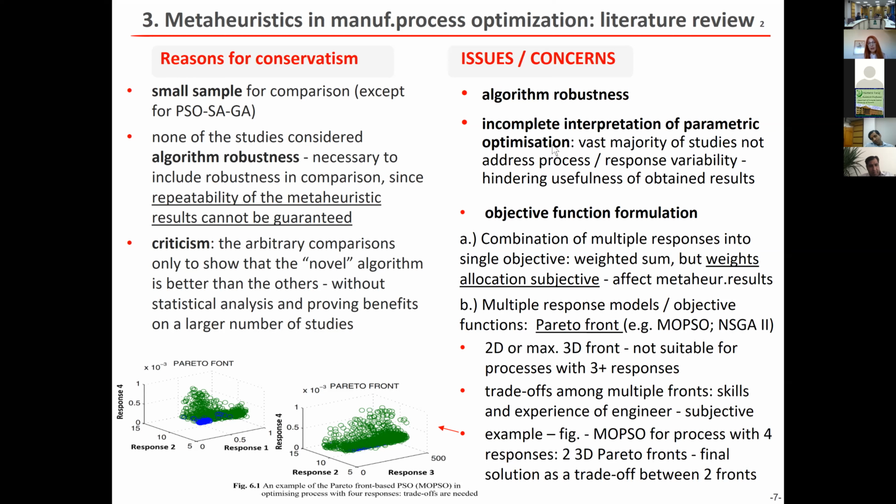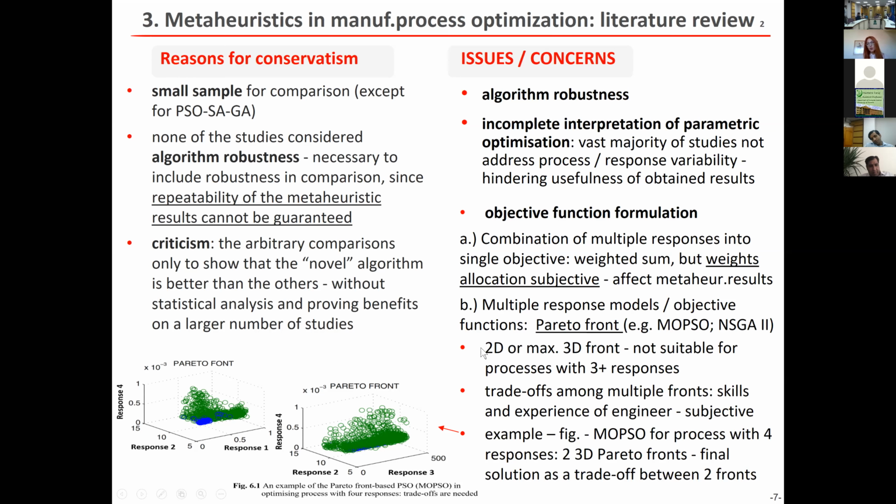Then, as I mentioned at the very beginning, the objective of an optimization task is to reach the target mean value, but also to reduce variation. Not all studies have dealt with reducing variation.